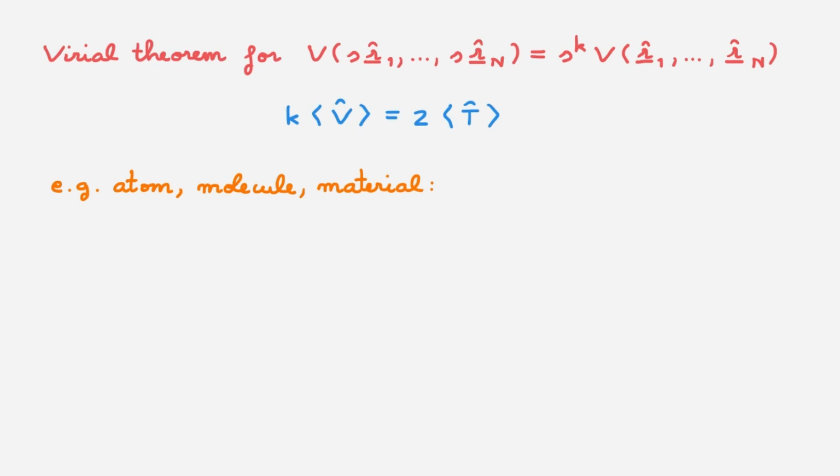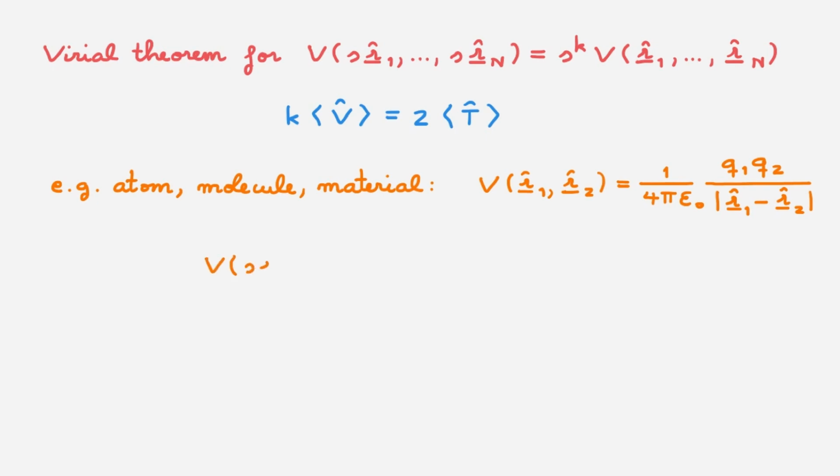Ignoring relativistic effects again, the component particles all interact via the electrostatic interaction, and the interaction V between any two particles 1 and 2 takes the same general form. We have the usual prefactor, and then the product of the electric charges over the distance between the two particles. As this form is the same we had earlier between the interacting proton and electron in a hydrogen atom, we can immediately conclude that these two-body interaction terms obey this relation and are therefore homogeneous functions of degree -1.